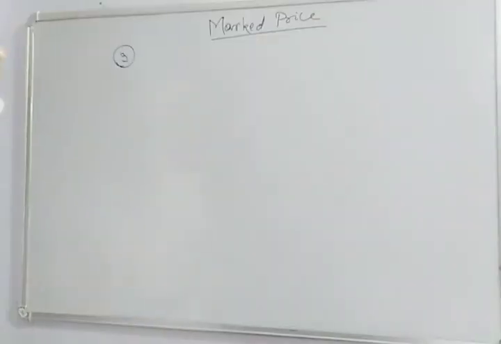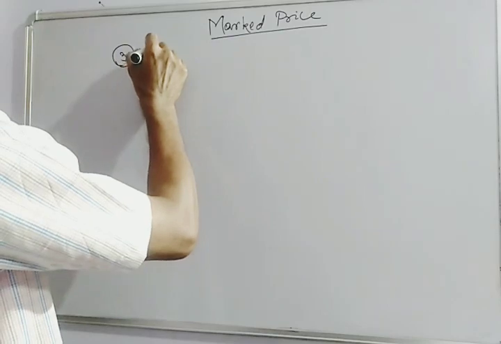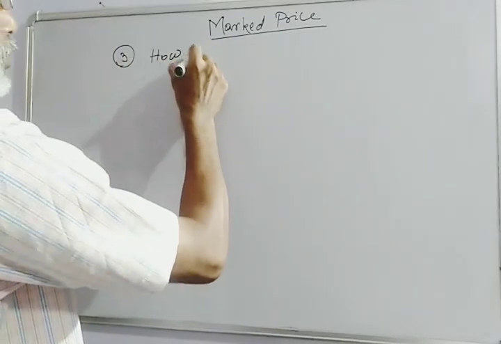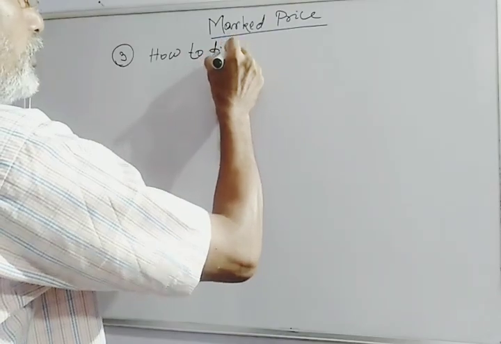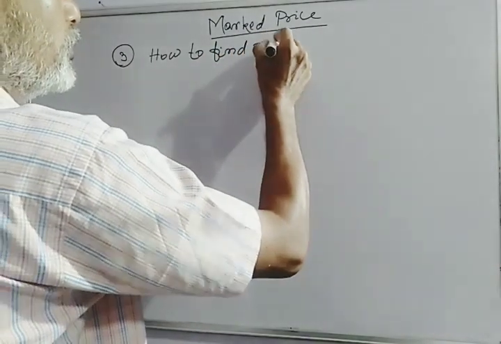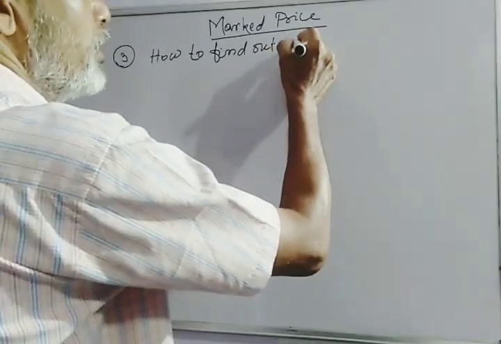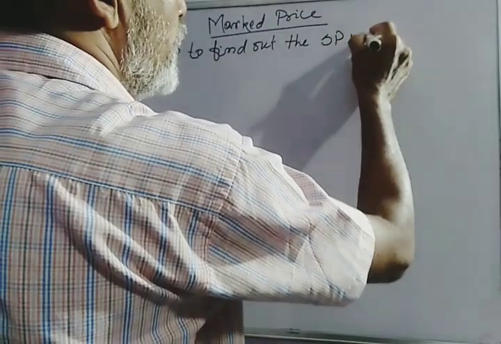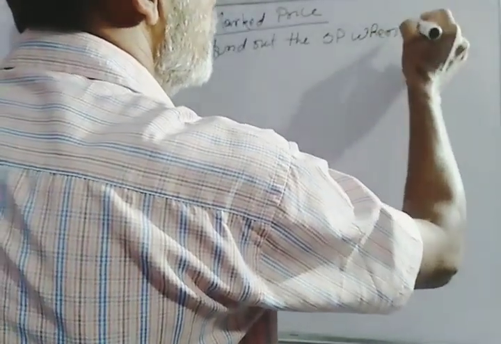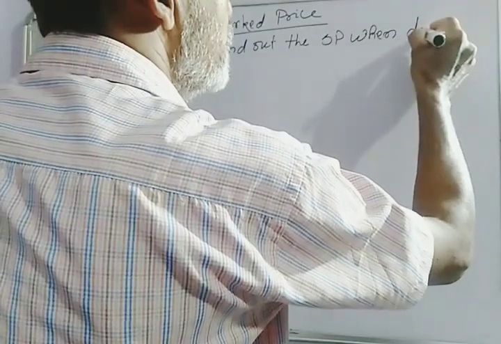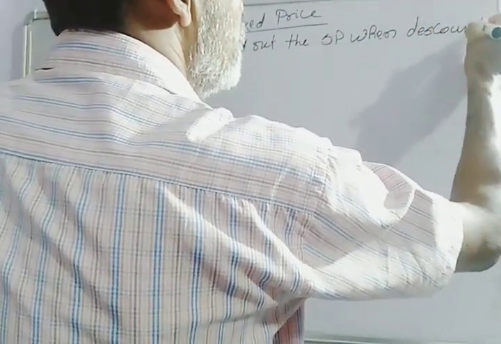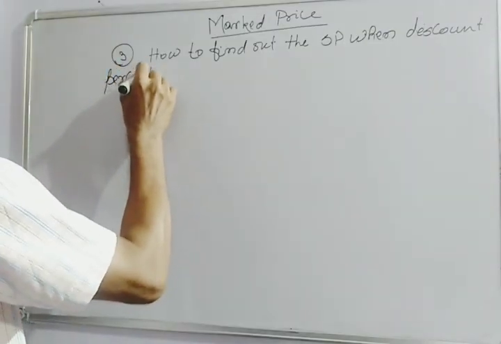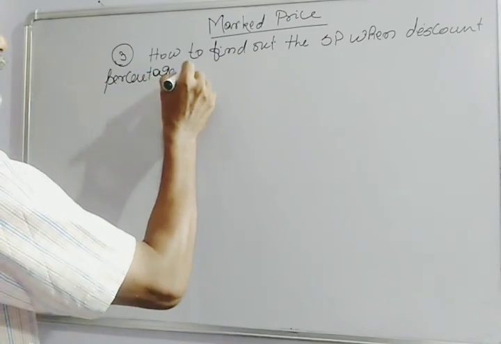So now in the third case, again I am giving you something: how to find out the selling price when the discount percentage is given.